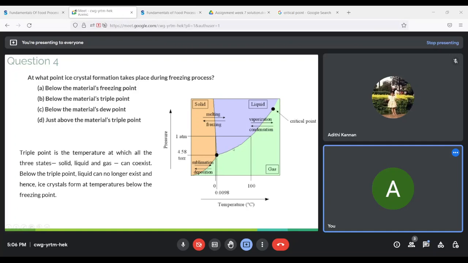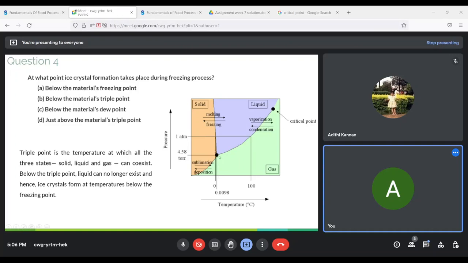So above the material's triple point, you will have either liquid and gas, which is not what we require for the freezing process. And below the triple point is when you will start seeing a lot of solid and less of gas. So below the triple point, at let's say 1 atmospheric pressure itself, you can see it is entirely solid. You can also see that your triple point is slightly higher than your freezing point.